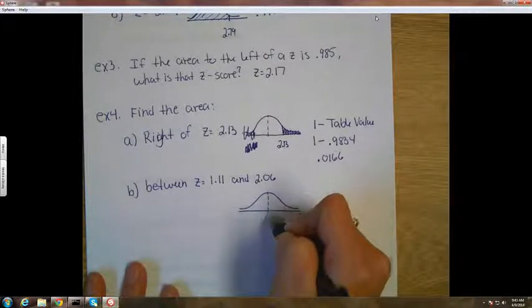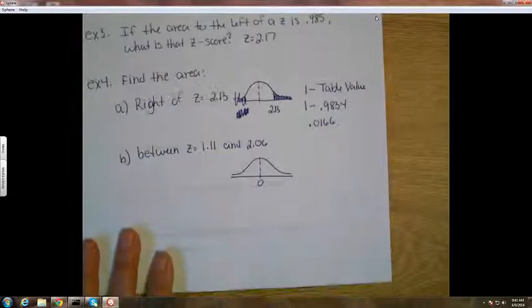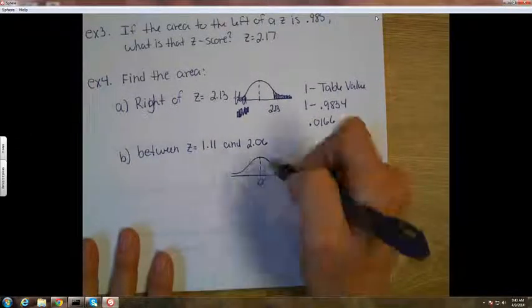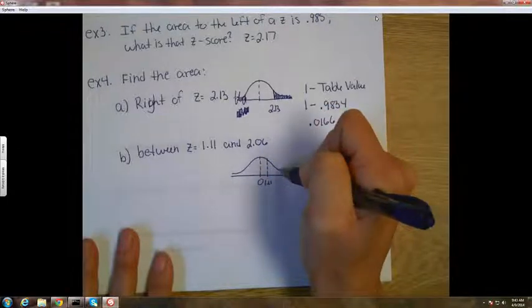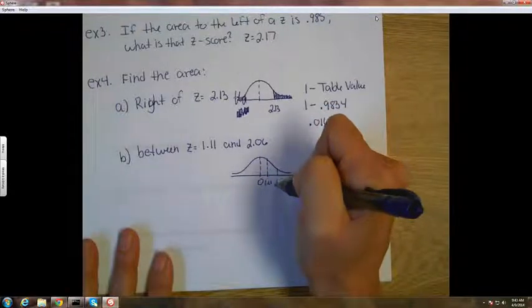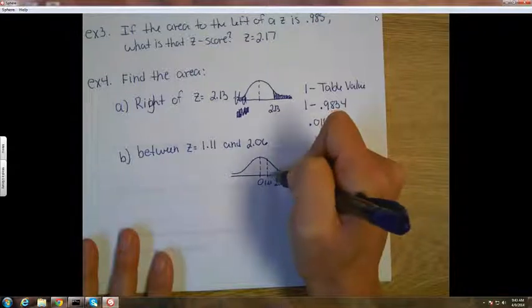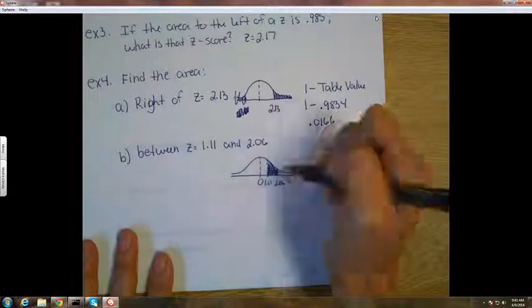So that's my 0 z-score. I just like to have a reference. 1.1 is about here. 2.06 is about here. I would like that area.